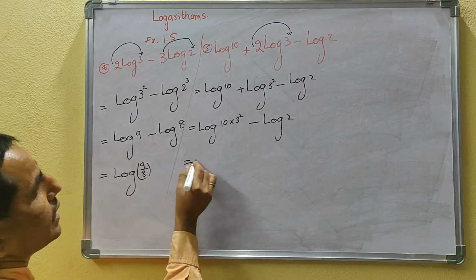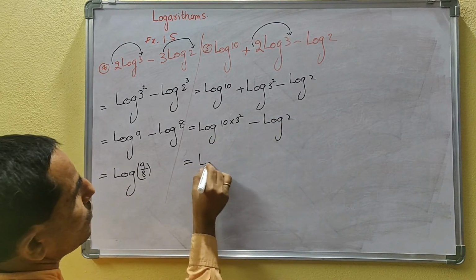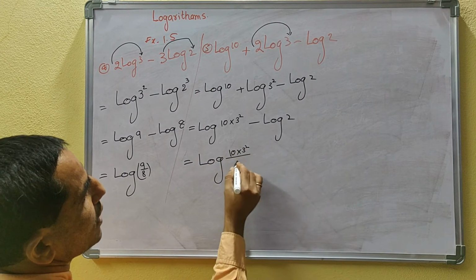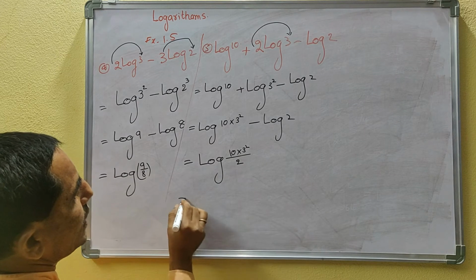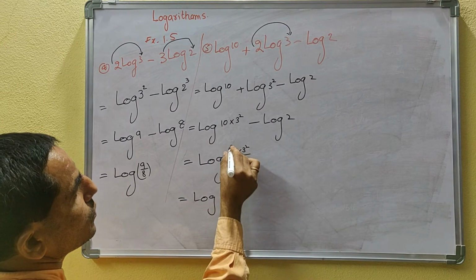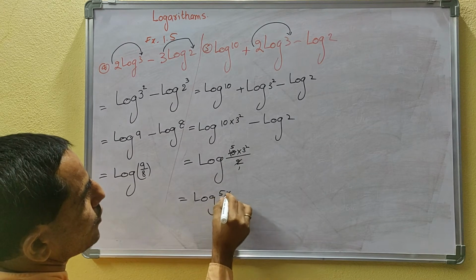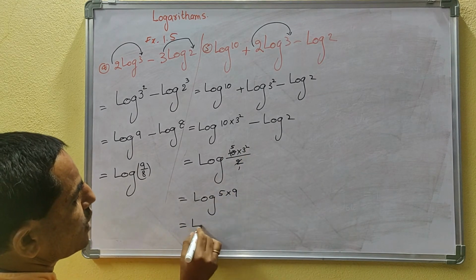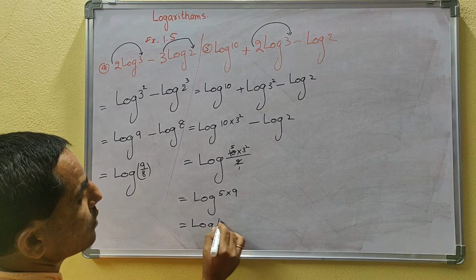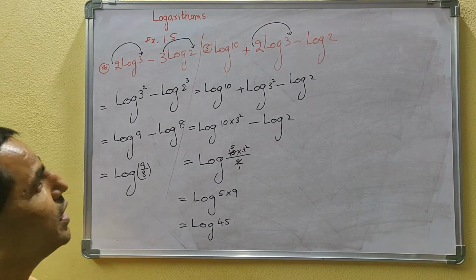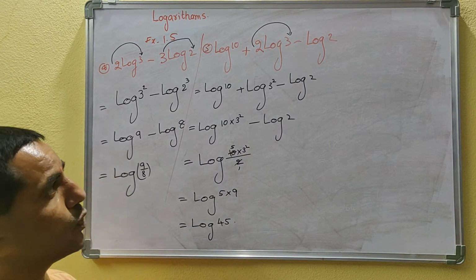Again log a minus log b is equal to log a by b: log 10 into 3 square by 2. Now 2 ones are 2, 2 fives are 10, so 5 into 3 square is equal to how much? 9. So 5 nines are 45. So the answer is log 45.